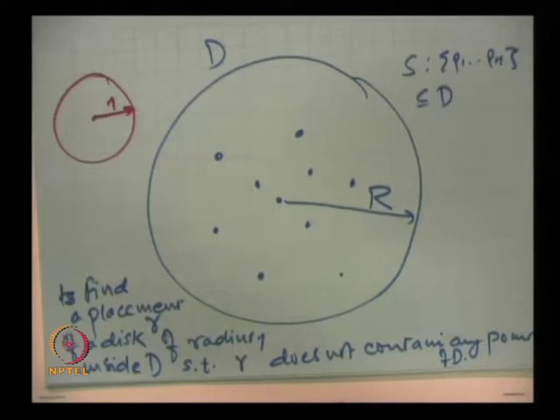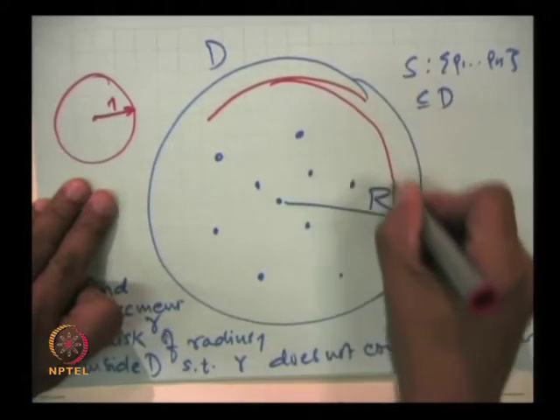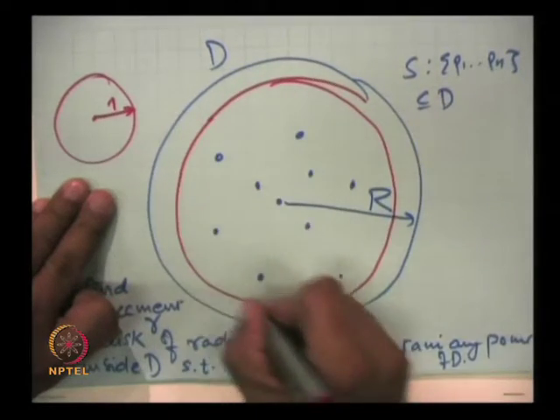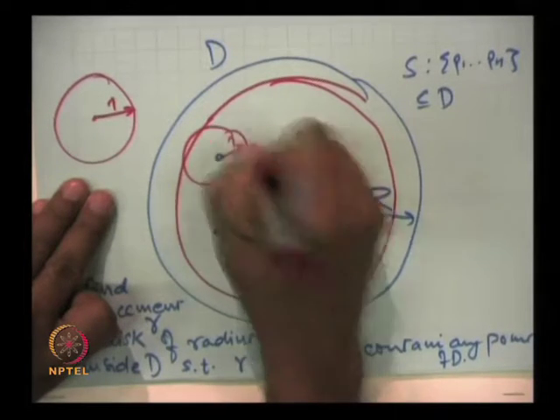So think of the points as a sort of obstacles. The disk cannot contain any of these input points. So reduce the big disk to radius R minus 1, and draw a disk of radius 1 around each point.